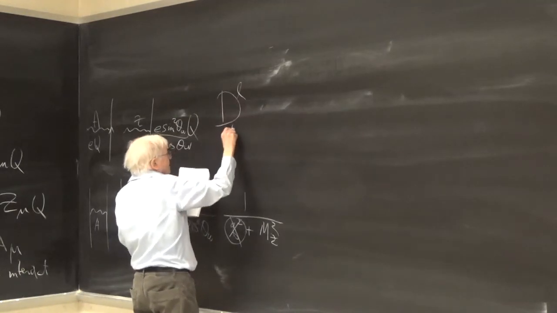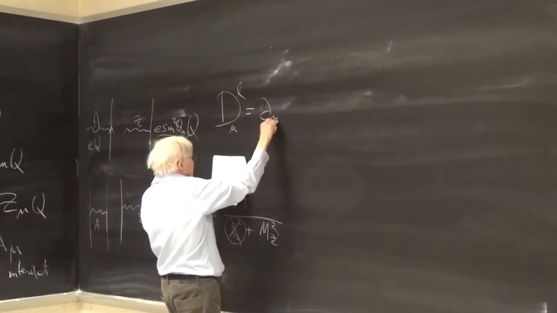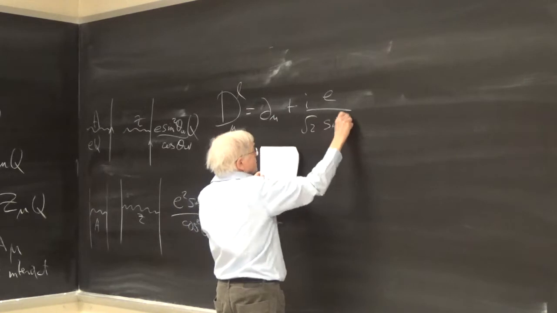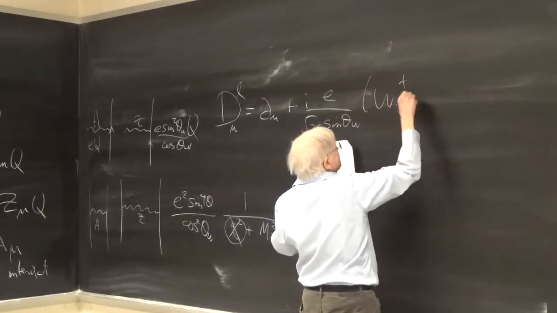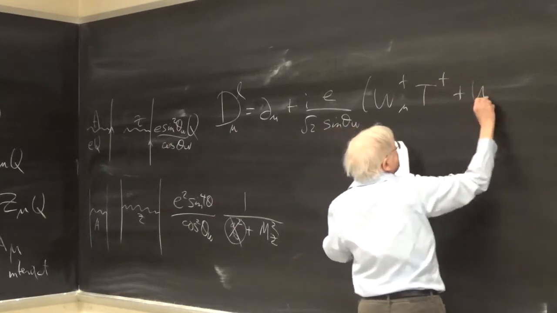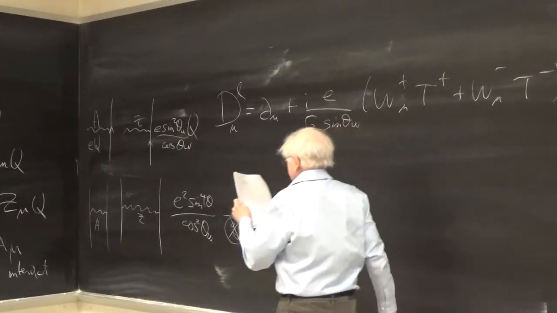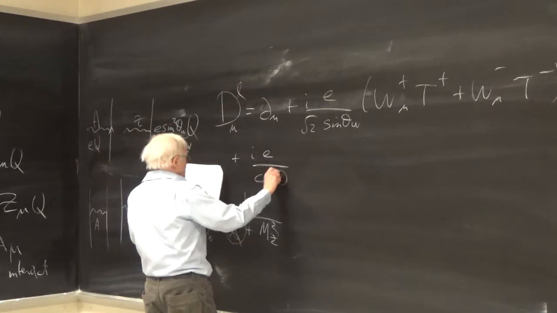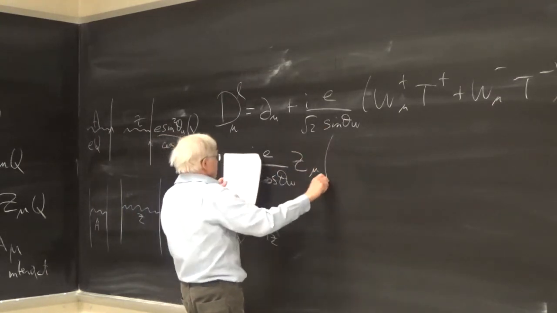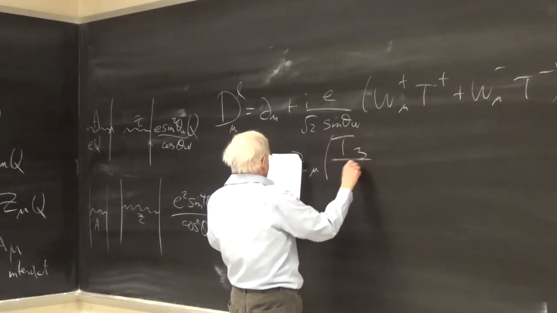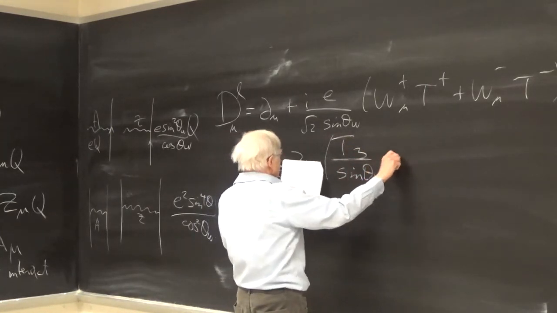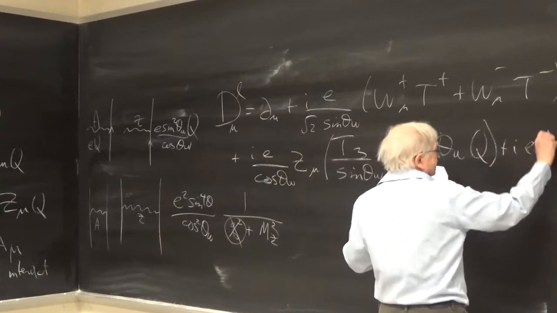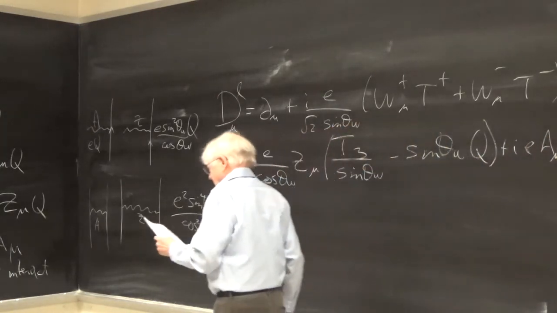So the left-handed covariant derivative is the ordinary derivative plus i e over square root of 2 sine theta_W, times W plus mu T plus plus W minus mu T minus, and then plus i e over cosine theta_W Z mu, times T3 over sine theta_W minus sine theta_W Q, plus i e A mu Q.